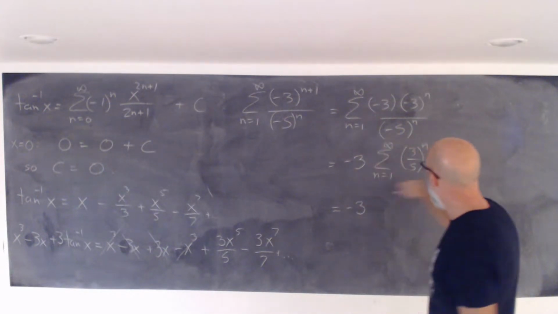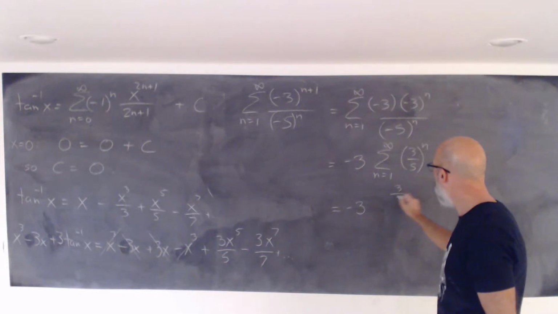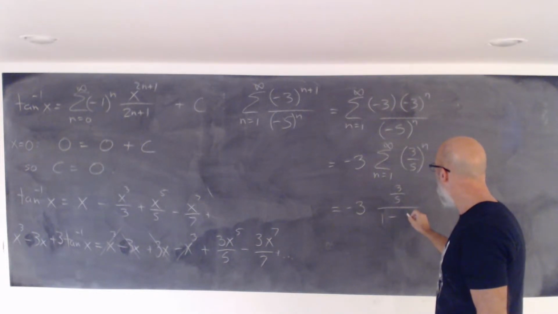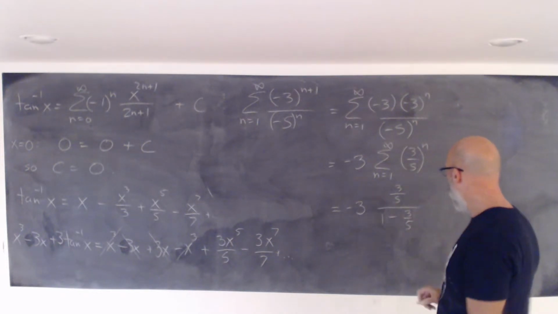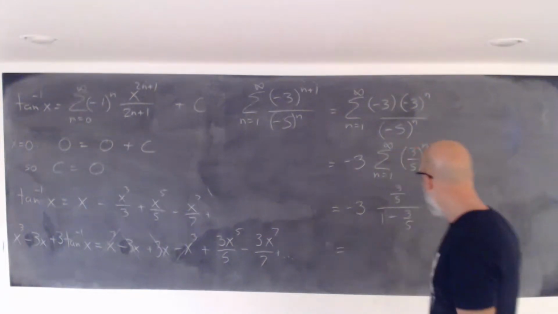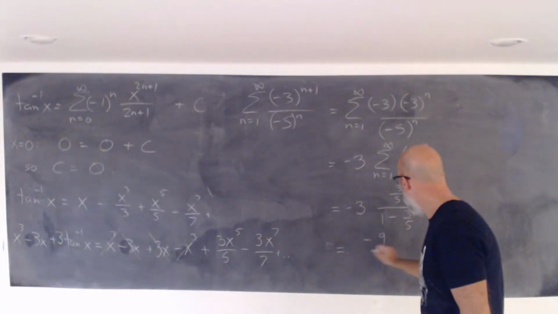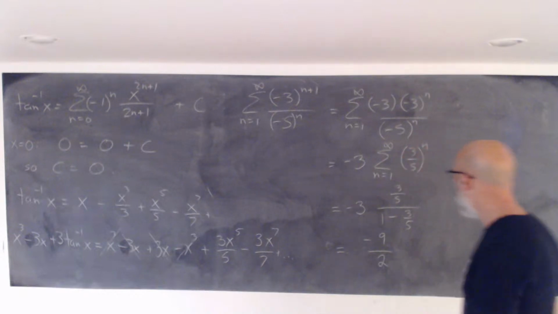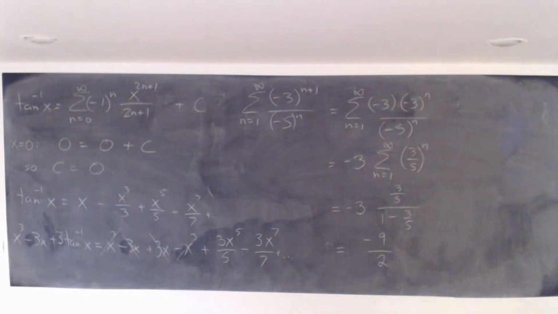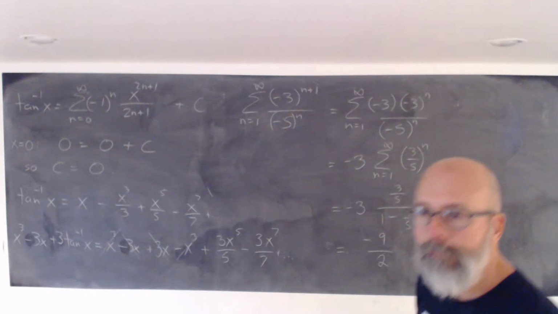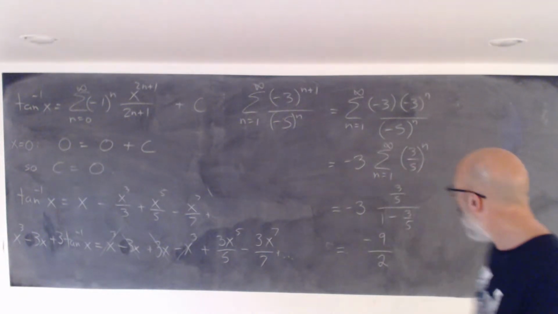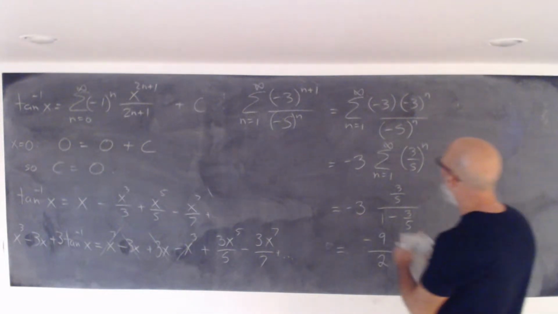And this converges to the first term over 1 minus 3 over 5. So what is that? This is negative 9 over 2. Negative 9 over 2? So not negative 5 you're saying, but positive 5?